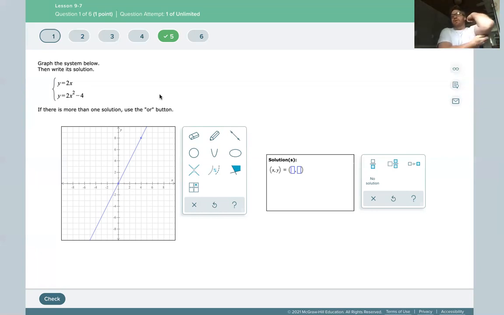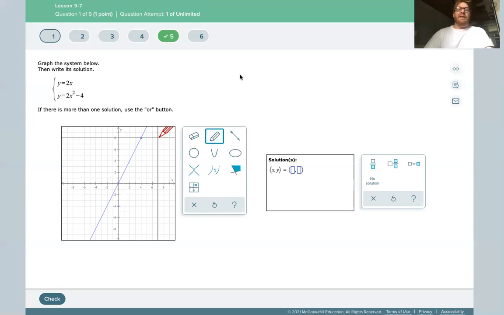And if b is 0, it doesn't matter what 2a is. It's 0 divided by whatever a is, and 0 divided by anything is 0. So my axis of symmetry is going to be 0. To find my vertex, I put that 0 in for x. If I put 0 in, you get 2 times 0, which is 0, minus 4. So I get 0, negative 4. So I'm going to go there.